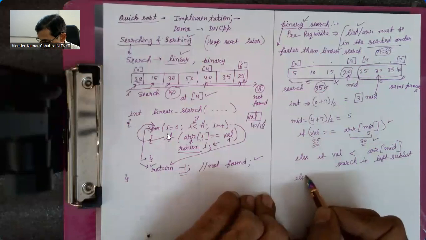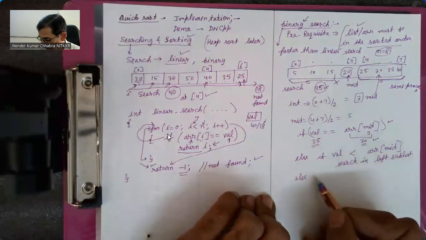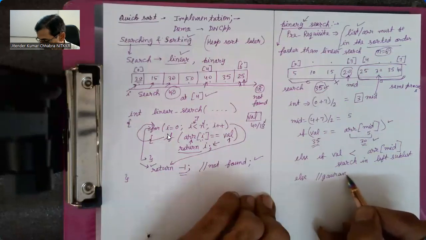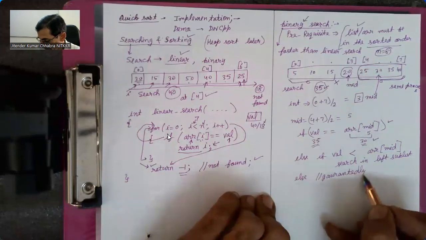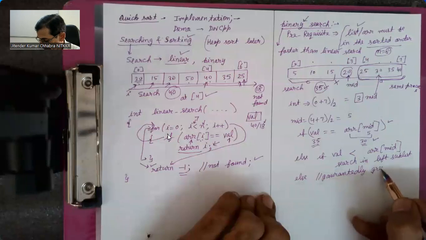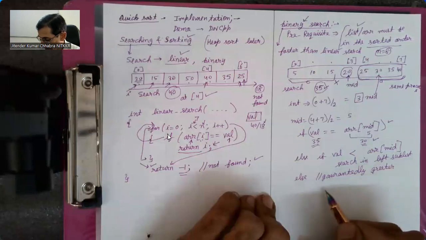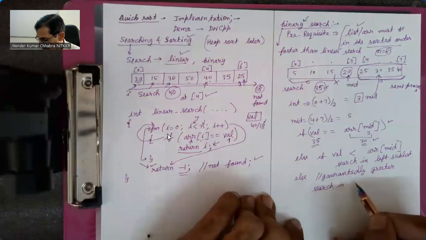Or otherwise, because val is greater, guaranteedly, else means guaranteedly greater, so I must search into the right sublist. This is more or less the working of this.